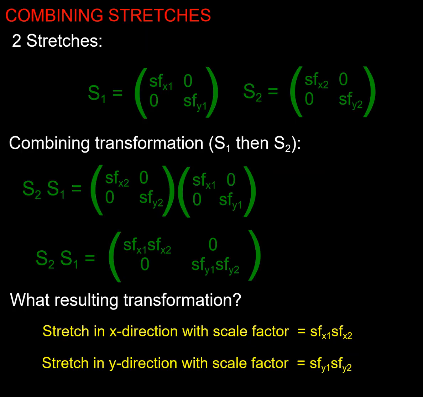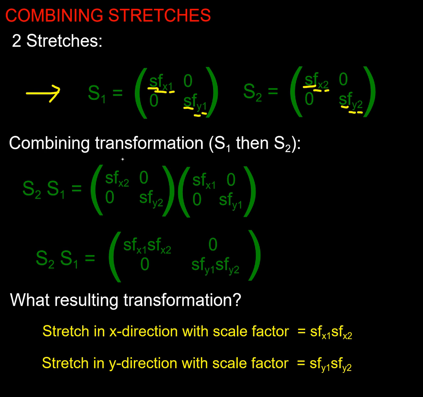Okay, let's look at a simple one first. I've got two stretches. Here's my first stretch. It's got a scale factor in the x direction of x1. It's got a scale factor in the y direction of y1. The little ones tell us which matrix we're in. This has got a scale factor in the x direction of x2 and a scale factor in the y direction of y2. What happens when I multiply them together?